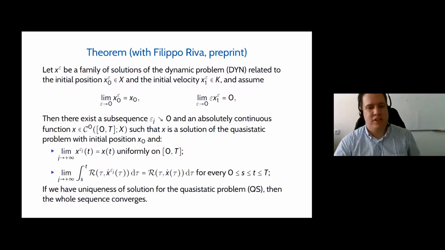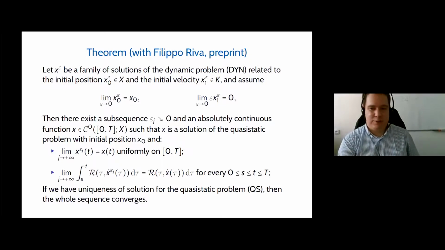This is quite good, and as we will see later, it is optimal. We can also see that other properties are well preserved. So for instance, dissipated energy is passed to the limit. The energy dissipated by the dynamic solutions in a specific time interval is equal to the energy dissipated in the quasi-static evolution in that time interval. We have convergence up to a subsequence, clearly, as is classical in analysis.